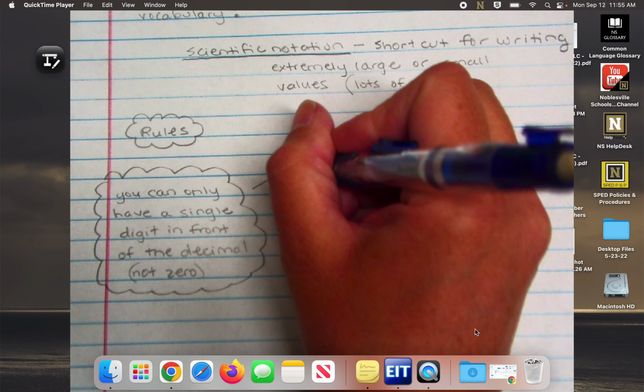And then the exponent is always going to be an integer, which is a positive or negative whole number. You're not going to have fractions, percents, or decimals as your exponent. So those are the rules for proper scientific notation.